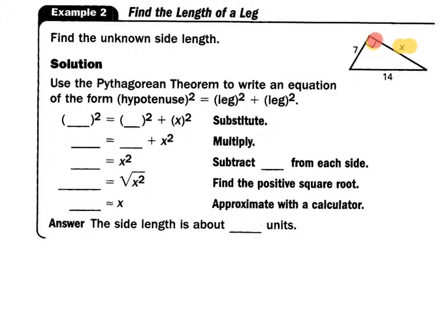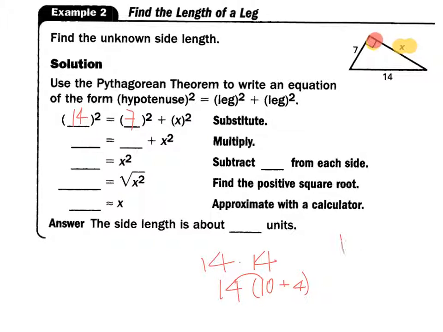So in this case, I must have 14 squared equal to 7 squared plus x squared. Now, if I just multiply them out, let's see, 14 times 14, if I rewrite 14 as 10 plus 4, so 14 times 10 plus 4.